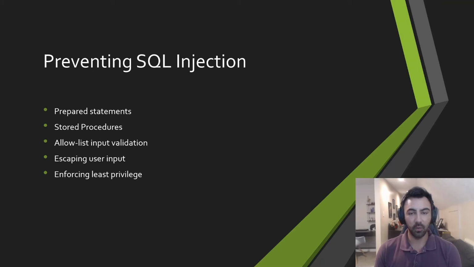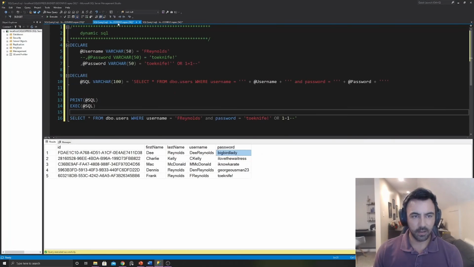This is a way for a developer to define the statement that we want to run before any user input is included. So it's not dynamic SQL. It's not at runtime we're going to create this statement and then run it. It's already prepared.